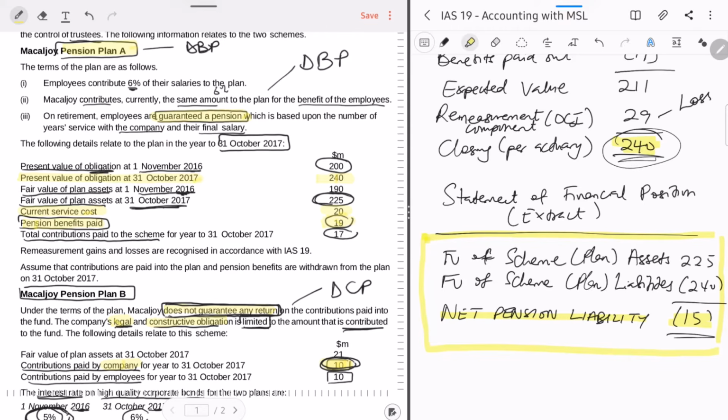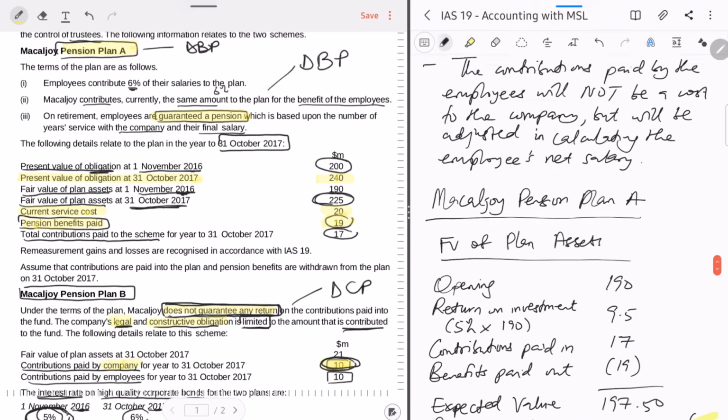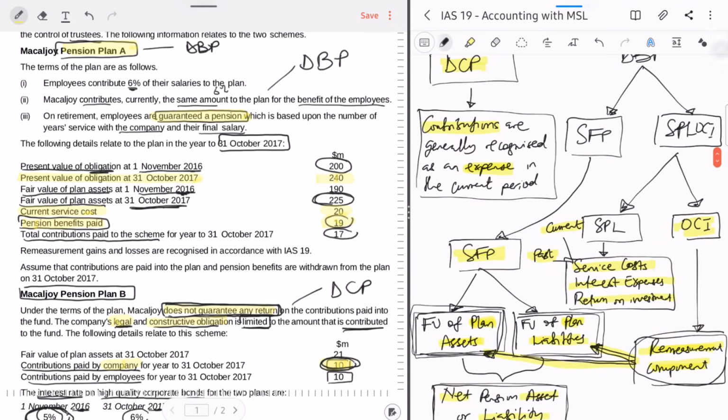Now let's go to the statement of profit and loss and other comprehensive income. What will show there? Remember I told you it's a long way up, but P&L shows what? Your service costs, your interest expenses, and return on investment.